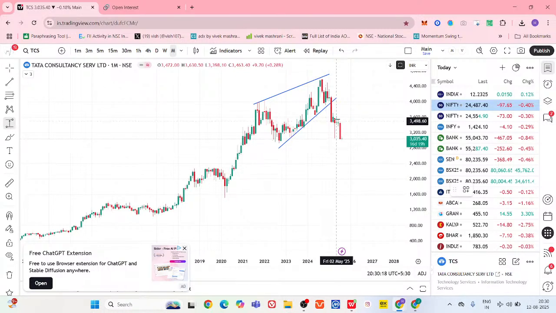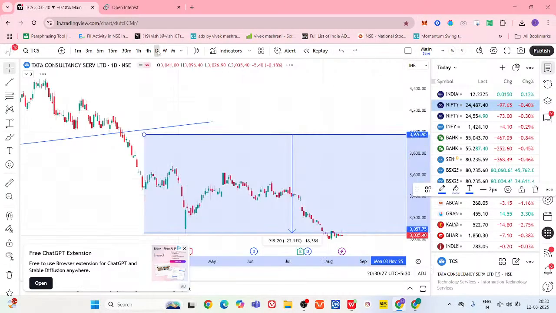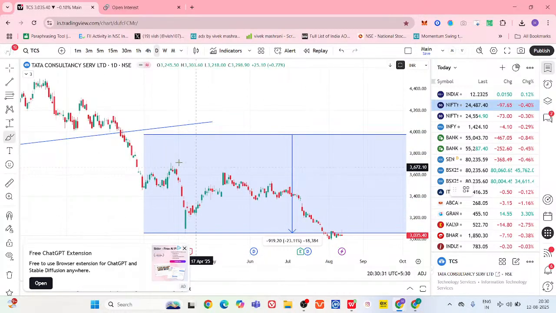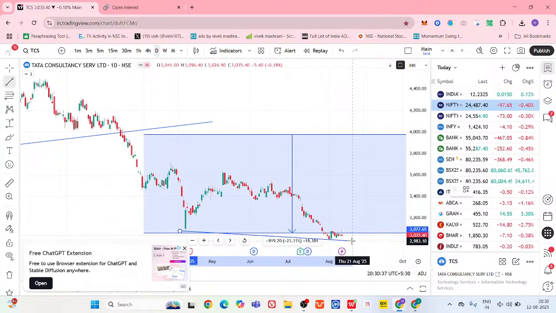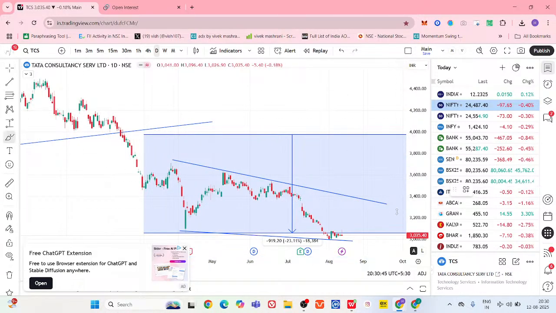I'll share it with you. So this is done almost. If I expect a little upside, then I am expecting price to take a bit of support and test back to this range.